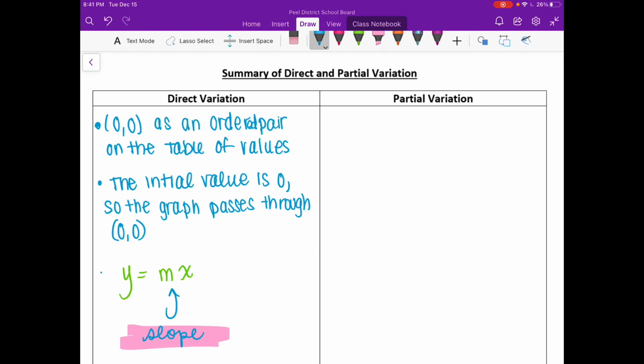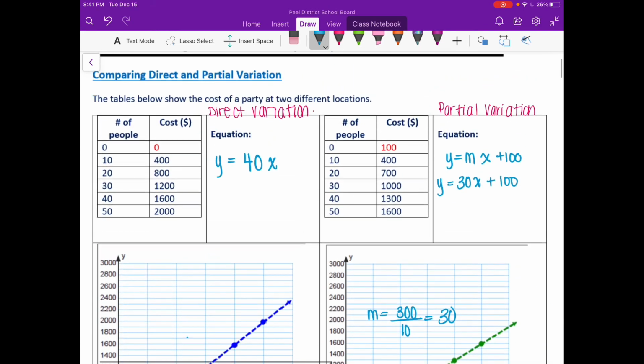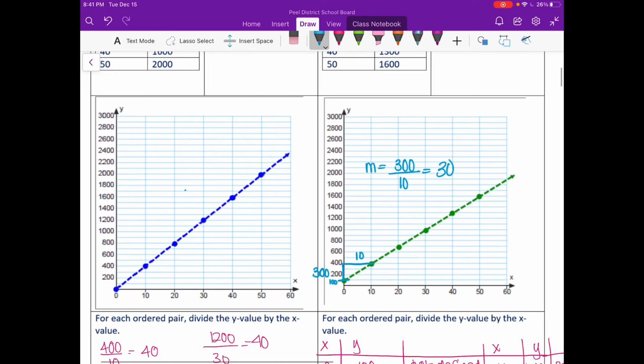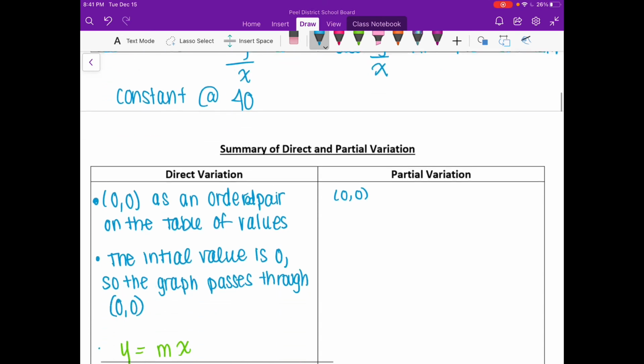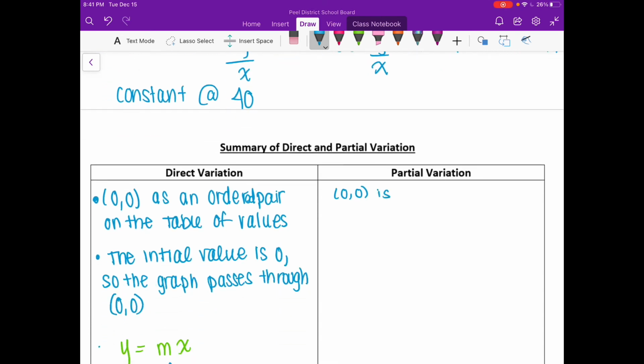So partial variation, on the other hand, 0, 0 actually doesn't exist on that graph. If you look back here, there's no 0, 0 value. If this was to keep going, you would never cross the origin. So 0, 0 is not an ordered pair.